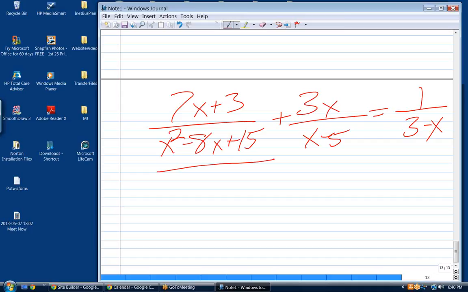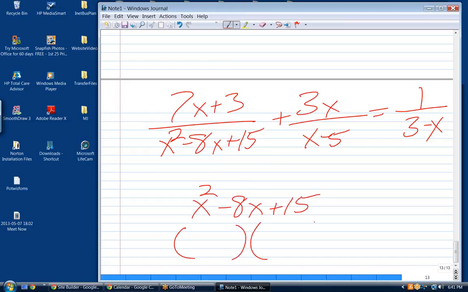The quadratic. Let's factor that. That's going to be our first step. So, factor x squared minus 8x plus 15 for me. Let's do it methodically. What's the first step I'm going to do? X.